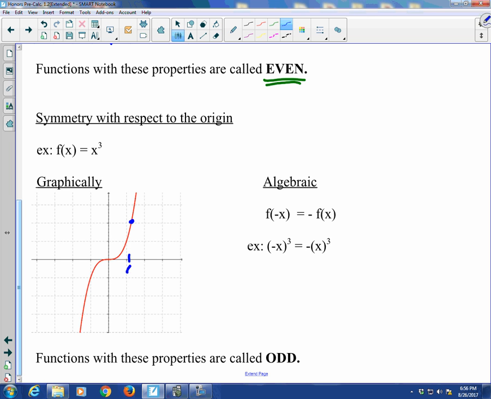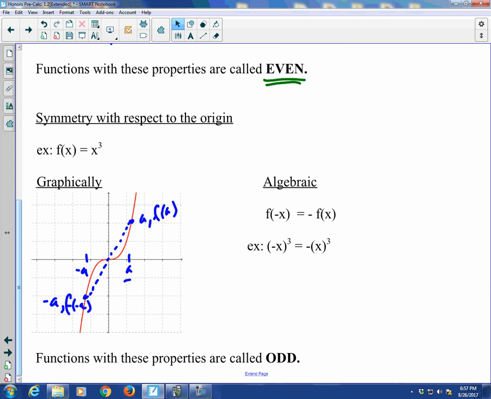If I've got an ordered pair where we're plugging in the x value of a and getting out the y value f of a, and this point is reflected across the origin, then if it's in the first quadrant, the diagonal quadrant would be the third quadrant, and we would have negative a and then f of negative a.